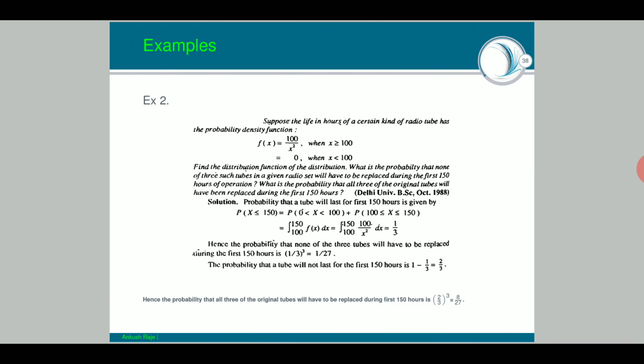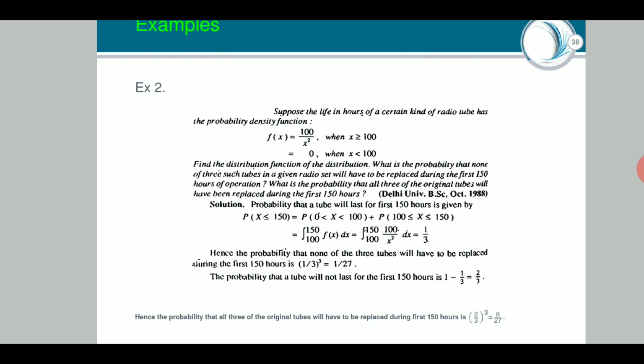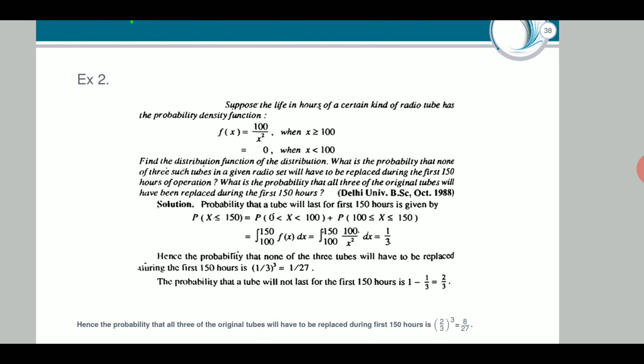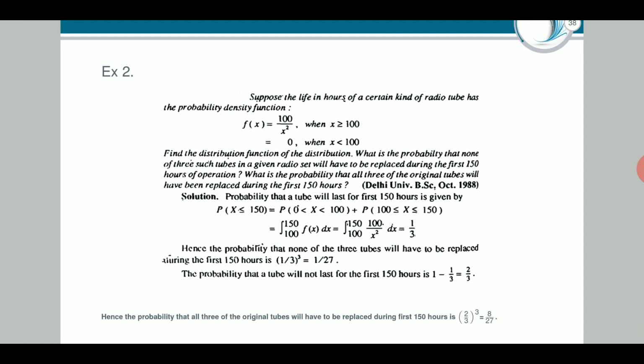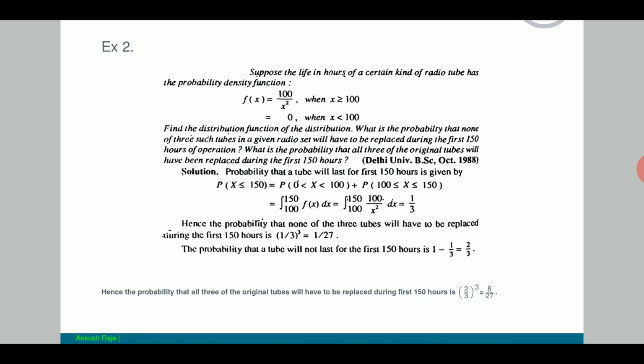Next example. Suppose the life in hours of a certain kind of radio tube. Yes, we have applications of probability and statistics in many fields of engineering as well as sciences, so we cannot simply ignore probability and statistics here.